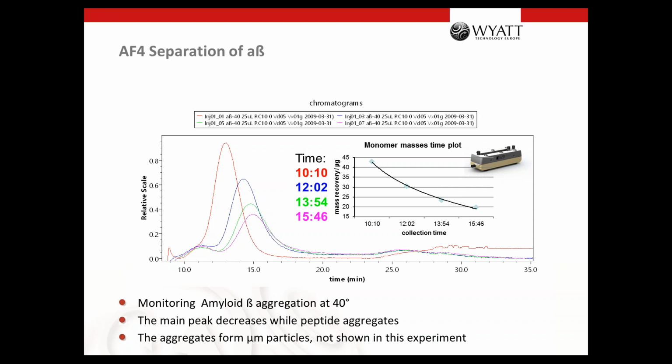The point is that we have a focus step where, when we put in the sample, we focus it and concentrate it in a special region in the channel. So it doesn't matter how much volume we inject. If we need to inject more volume, we just focus longer, and then we can separate the same amount of material.